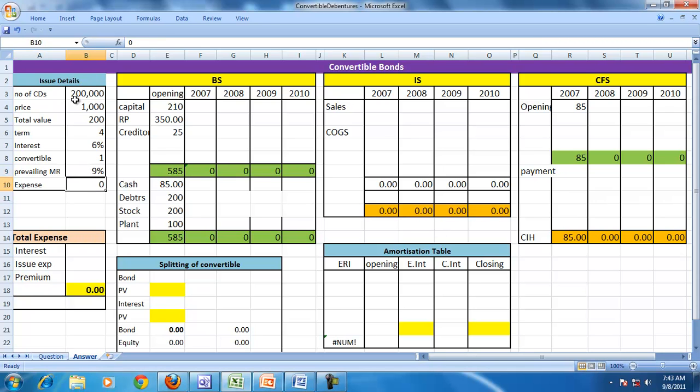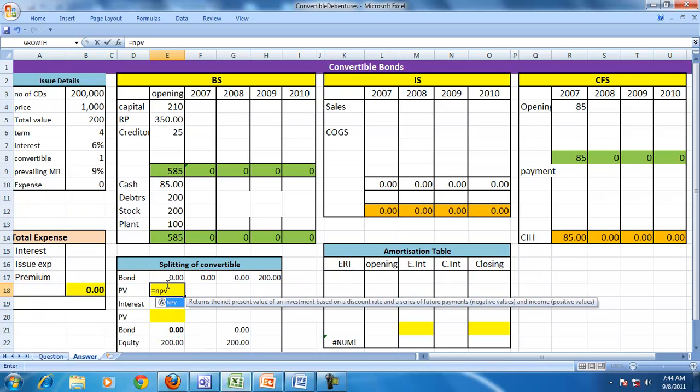Since this is a convertible, we have to split that convertible debenture, and the splitting is done by finding the value of the bond first, and then the residual is treated as equity. So the value of the bond present value, we have to compute using the rate without the conversion feature.